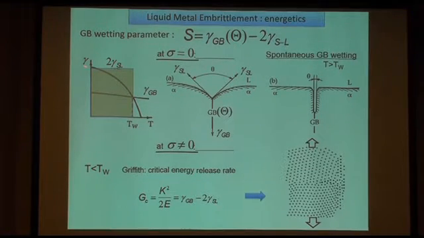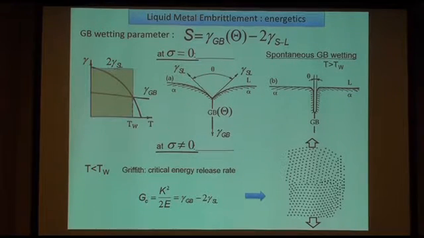You have a significant drop of the solid-liquid surface energy, such that you can think of spontaneous grain boundary wetting. So for most of the cases that we look at, we don't see this spontaneous grain boundary wetting, which would be the case of aluminium gallium or copper bismuth, for example.